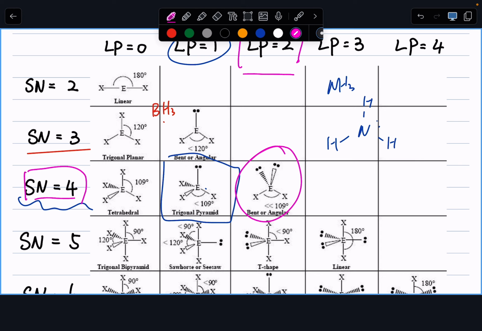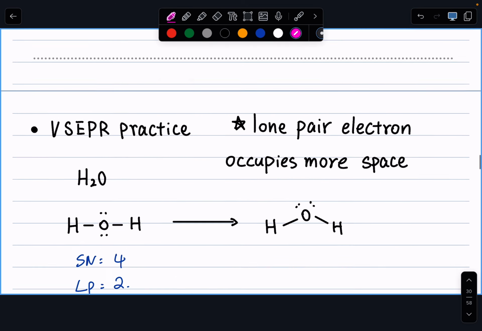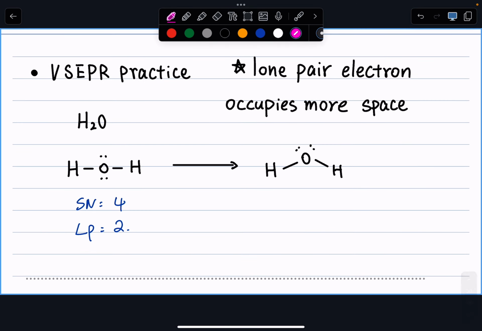One thing to note is that when using VSEPR, we say that the lone pair electrons will occupy more space than the bonded electrons. So that means when we're looking at the bent geometry, normally in the tetrahedral geometry we're looking at a bond angle of 109.5 degrees.